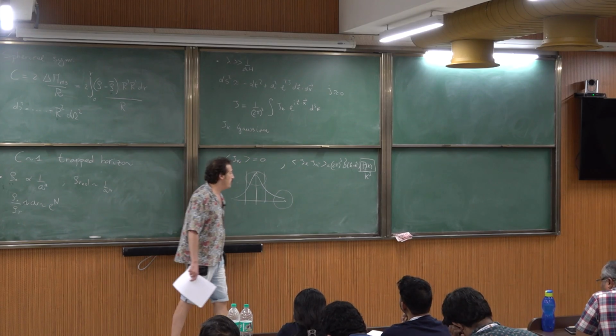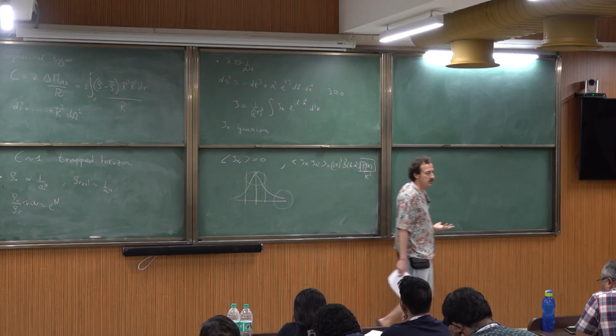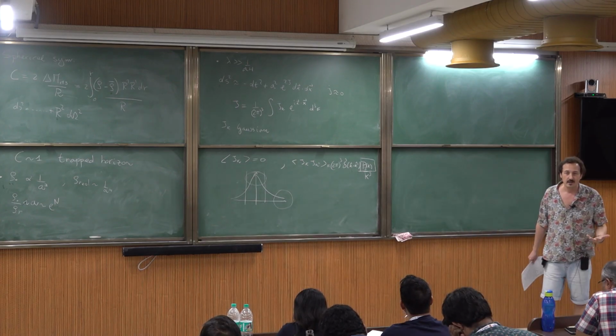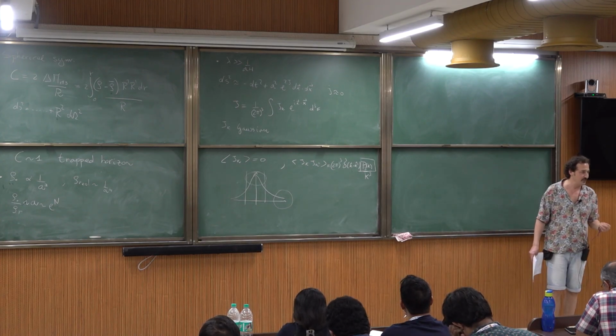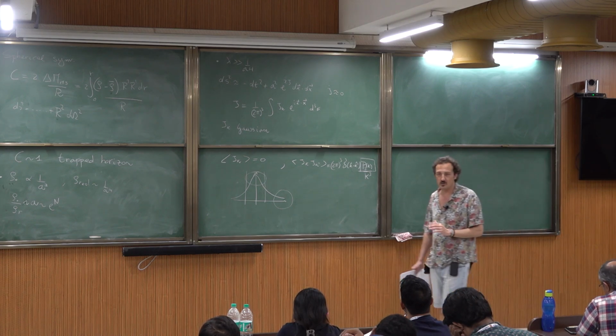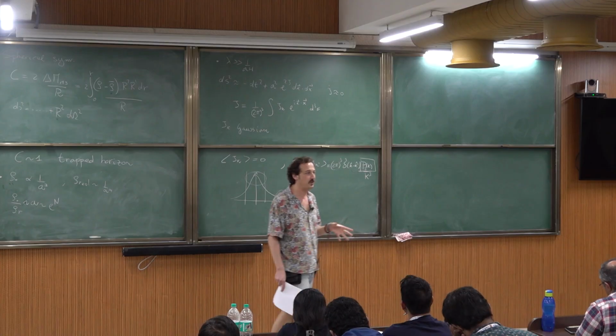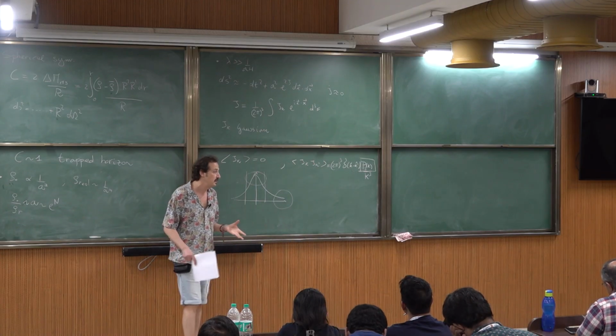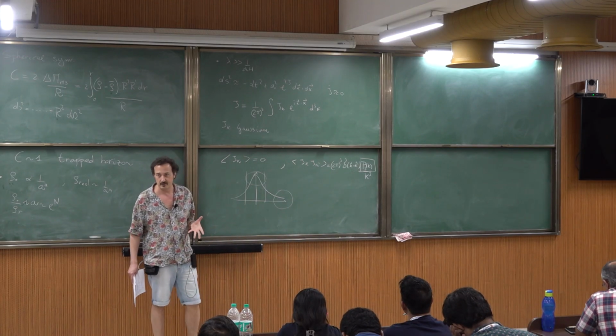The way we do it is, of course, by the Einstein equation. It's actually the first time until now that the Einstein equation appears, because until now everything has been just geometrical. The compaction function equal to 1 forming a trapped horizon is a geometrical thing.